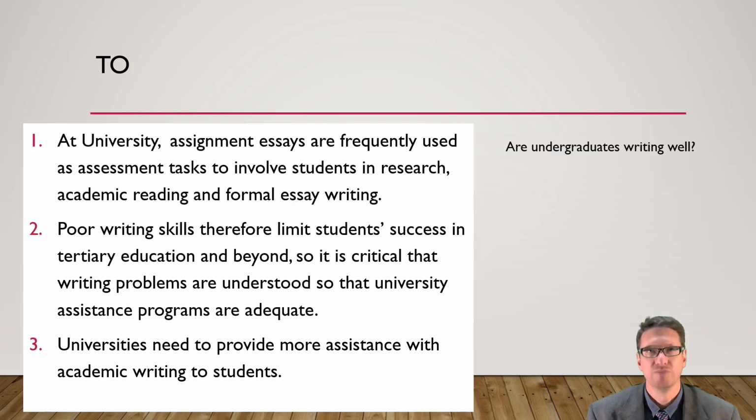Universities need to provide more assistance with academic writing to students. Now the pointy end of that paragraph, the thesis, the debatable point, is actually the last sentence. You can look at that sentence in an introduction and that should give you a lot of information about the title of the paper. Are academics writing well? Could be the title of this paper. Universities need to provide more assistance with academic writing to students. Well, do they? It's a contestable point.